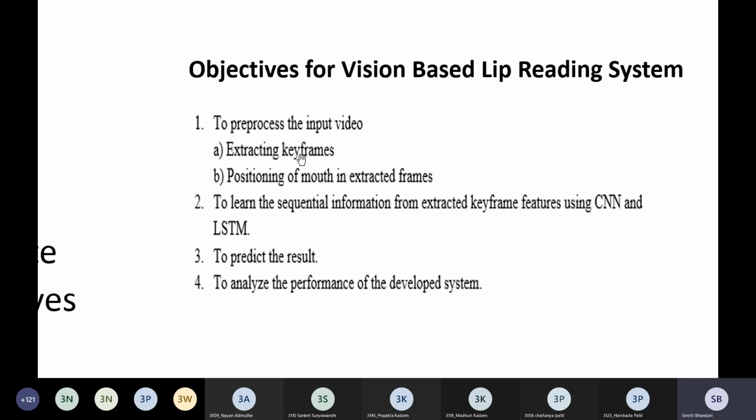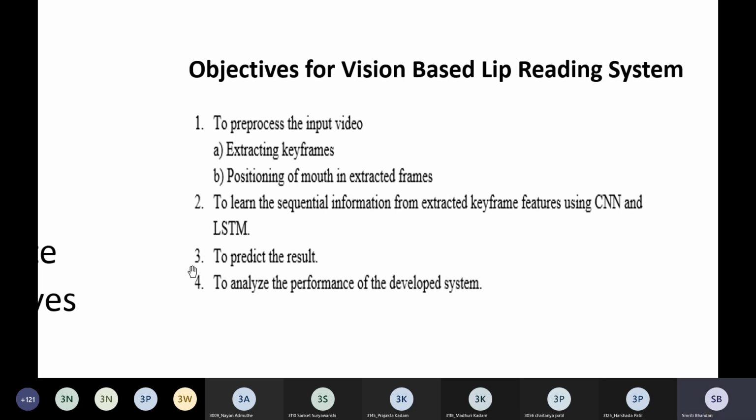In the third bullet, what we are writing is, once we have implemented these algorithms, we would like to predict the result, right? So in step number 1, we have pre-processed our input. In step number 2, we have implemented the required algorithm. And in step number 3, now we would like to predict the result.